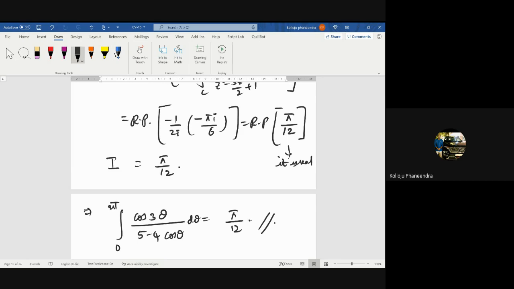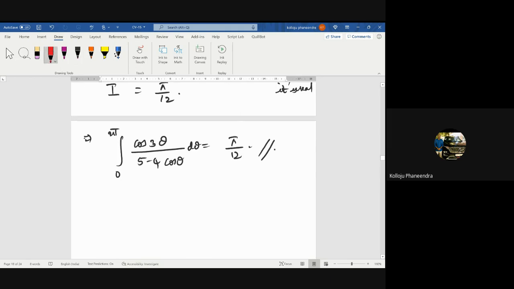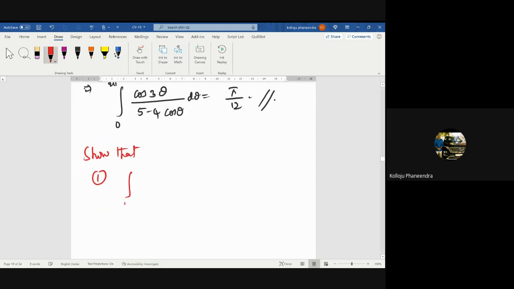Okay, this is the evaluation of real integrals of the type f of cos theta, sin theta, integral 0 to 2 pi. Show that. Now try these problems. Integral 0 to 2 pi, 1 by 1 minus 2a sin theta plus a square d theta equals 2 pi by 1 minus a square, 0 less than a less than 1.